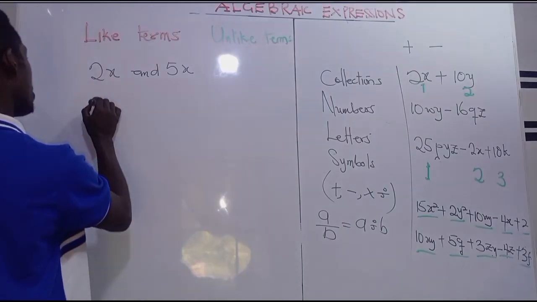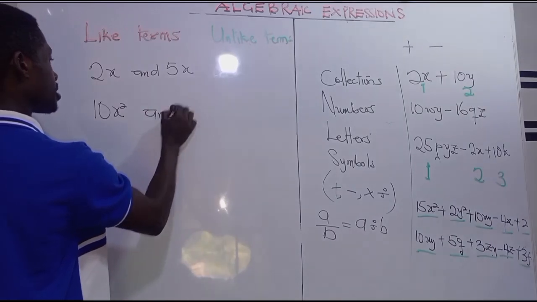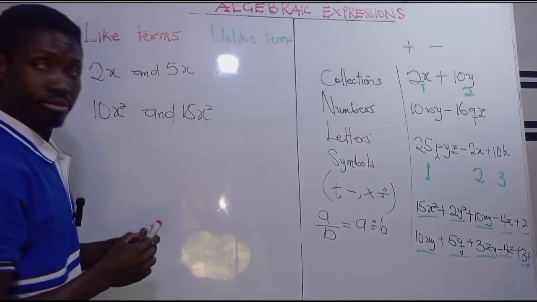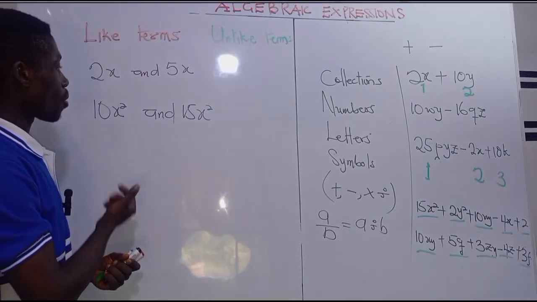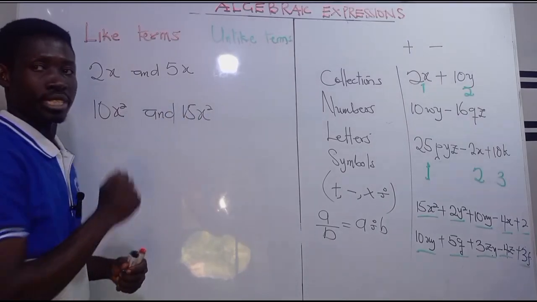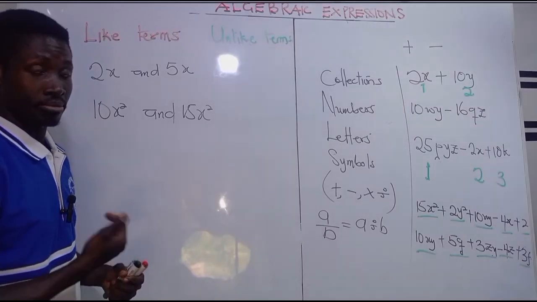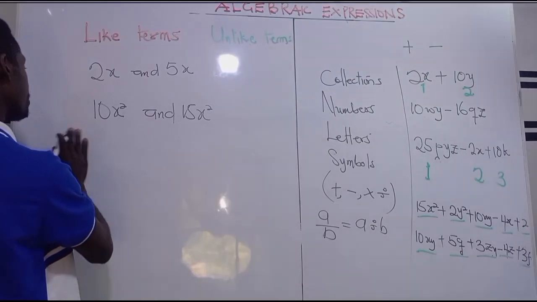Also, when you have, let's say, 10x squared and 15x squared, these two terms are called like terms because they contain the same variables, x squared and x squared. Is that clear? Good.